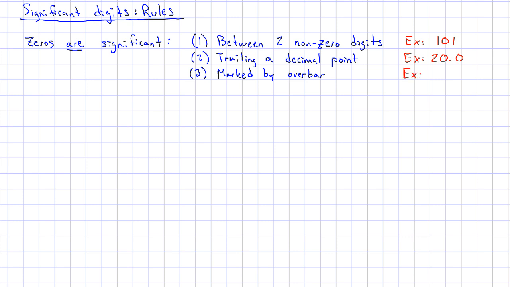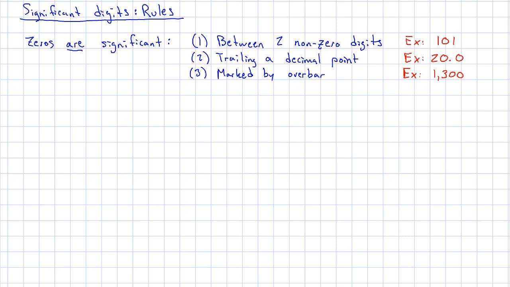If I gave you 1,300, these zeros that are trailing, they're not significant because they're not between two non-zero digits. They're not between two significant digits. They're not trailing a decimal point. This would actually only have 2 significant figures.